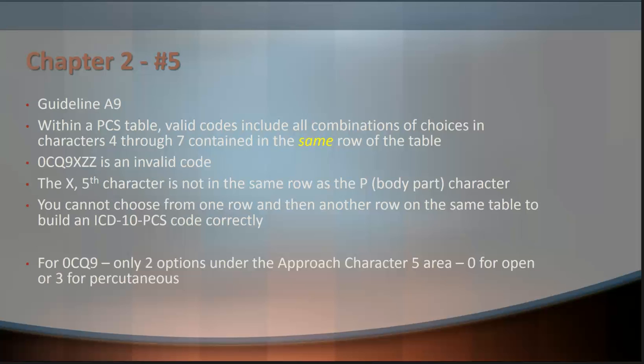So you cannot go from one row to another. You have to stay in that row that goes straight across. When you get your body part, typically from the alpha index, because you index by the subterm of the anatomy, you have to stay in that row going across.